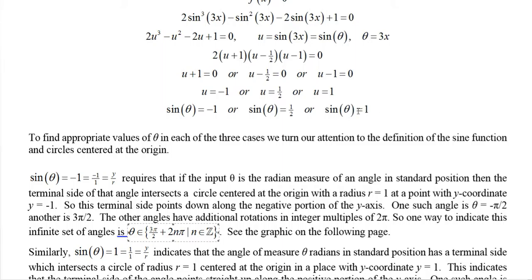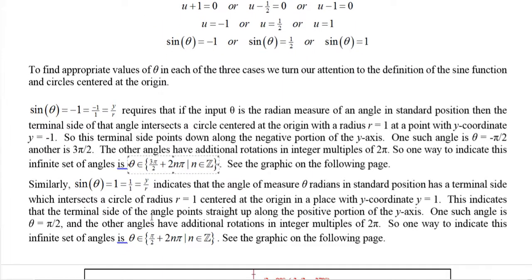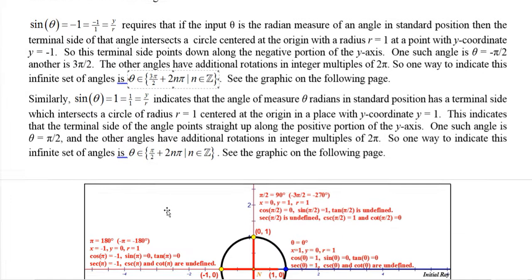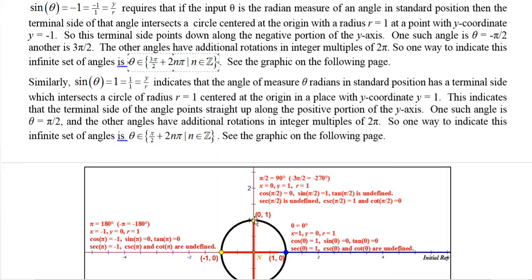Okay, similarly, let's do sine of theta is +1. So we're going to think of 1 as being +1 over +1, which is y over r. Both y and r are 1. That means we're pointed straight up, going through the point (0, 1). Again, x is 0, and we get an angle there. Well, we could do -3π/2 to get there, or we could do the shortest positive way, which would be just π/2.